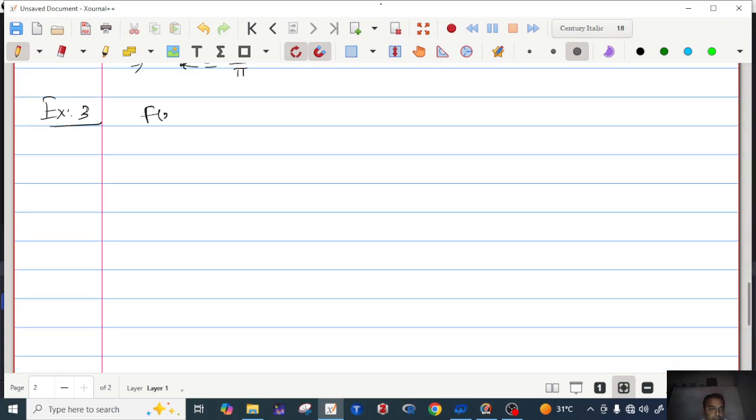f(x) is equal to 1 for 0 less than x less than 1, and 0 otherwise.